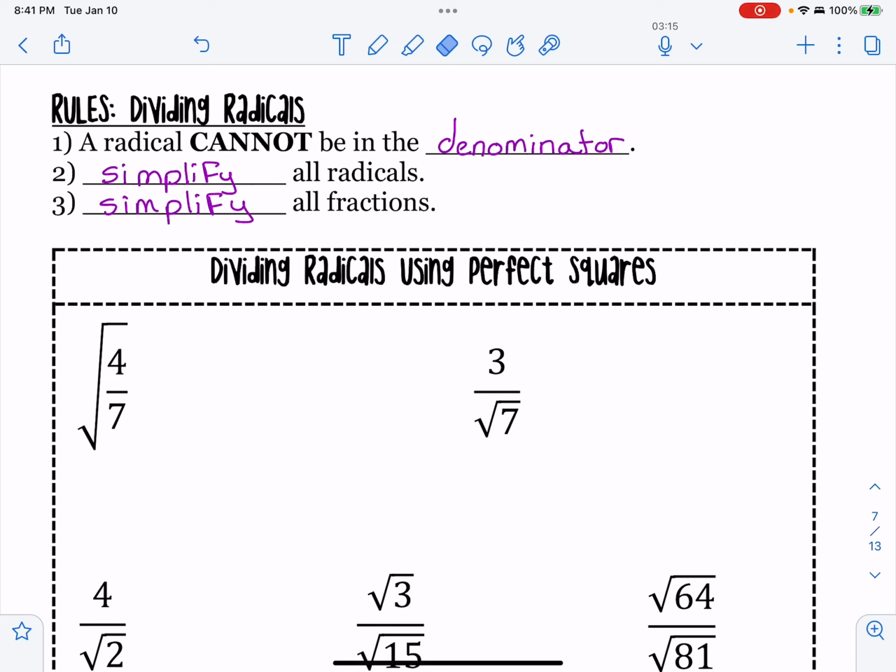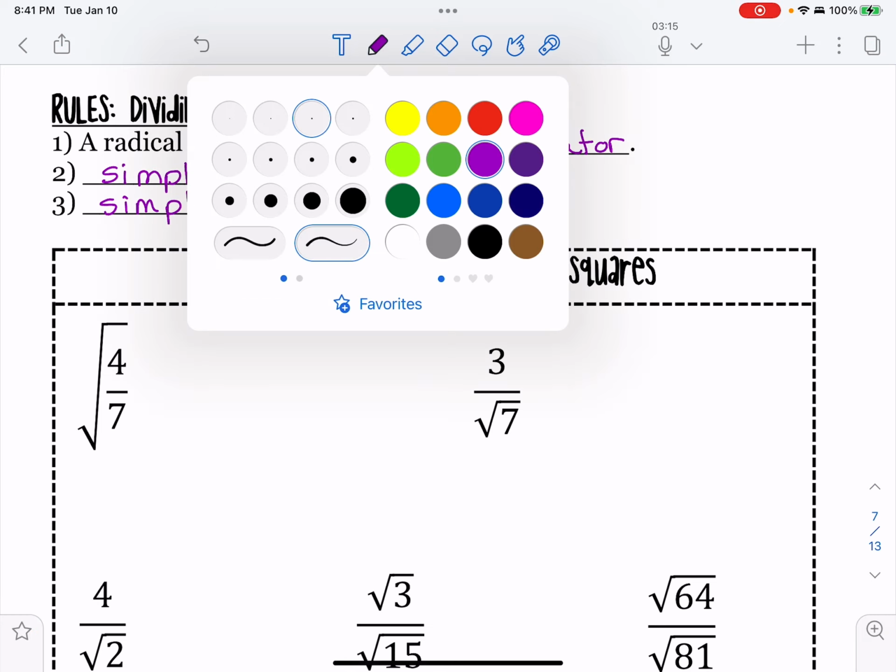That's not a properly simplified radical, or fraction for that matter. So we have to do a technique called rationalizing the denominator. And if you look at these examples here, they look pretty wild. But we're going to take it nice and slow.